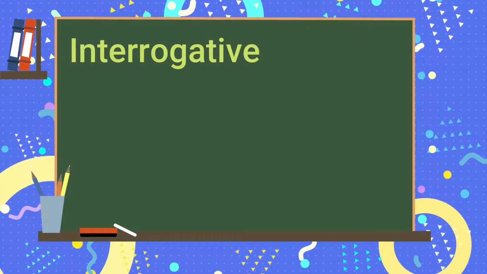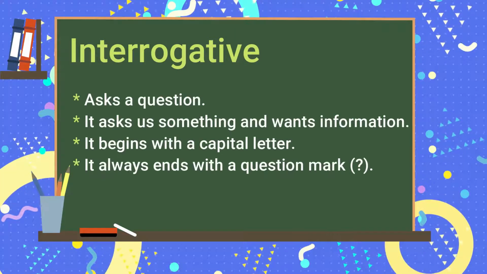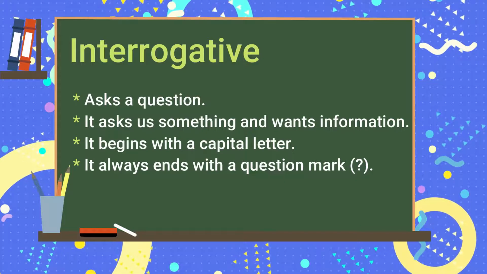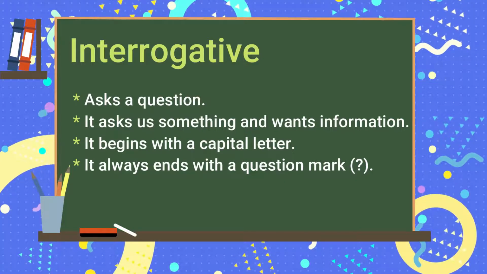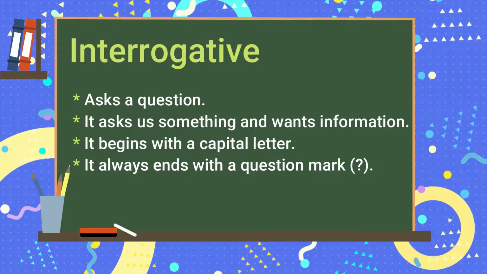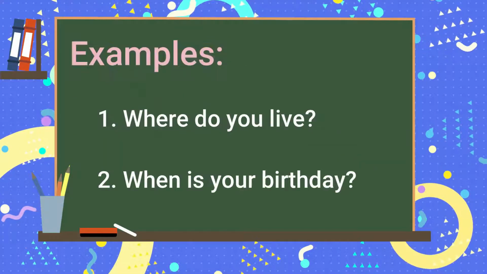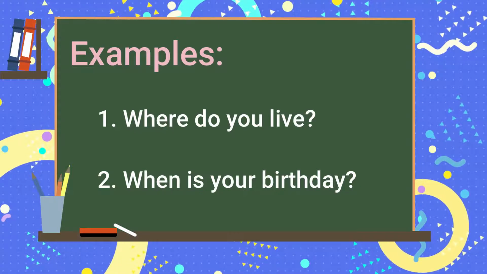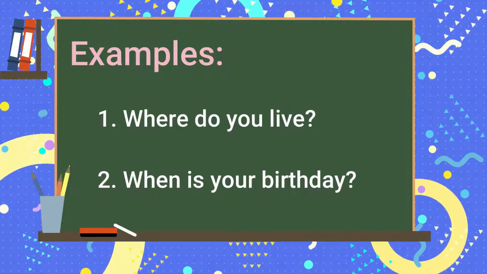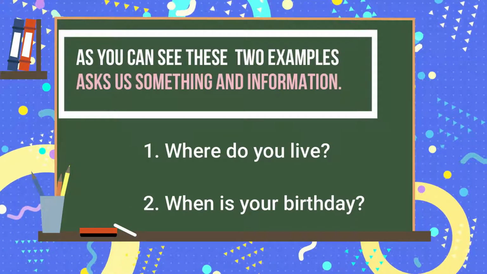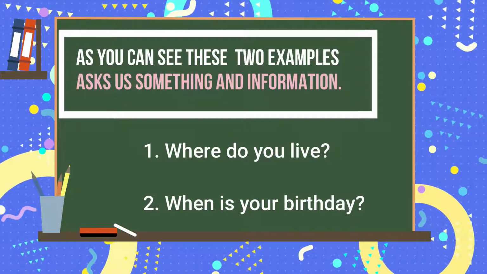An interrogative sentence asks a question, it asks us something and wants information. It begins with a capital letter. It always ends with a question mark. Examples: Where do you live? When is your birthday? As you can see again, the 2 examples ask us for information.